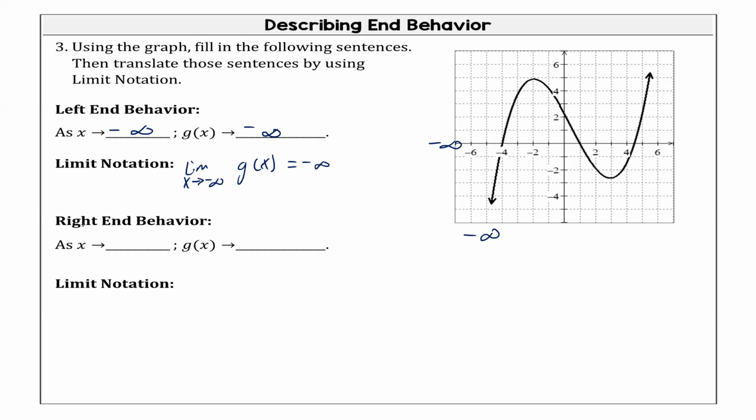If I'm looking at the right end behavior, that means I'm describing when my x's are going towards positive infinity. If you want, you can always write the positive in front if that makes your heart happy. And as your x is going towards positive infinity, what is the y doing on this function? It's also going towards positive infinity. So my limit in this case would be the limit as x goes towards positive infinity, g of x equals positive infinity.